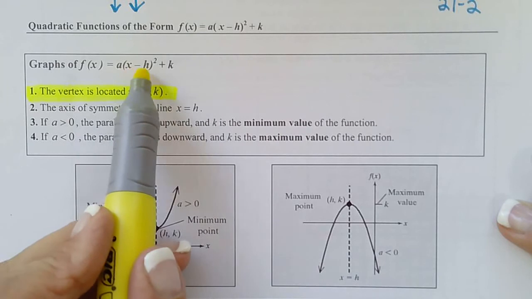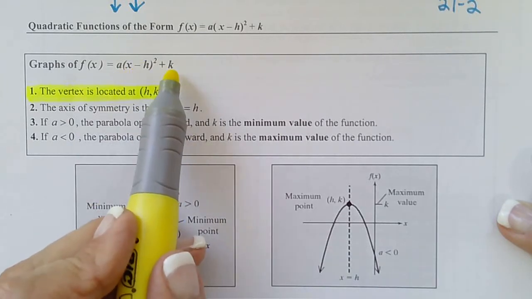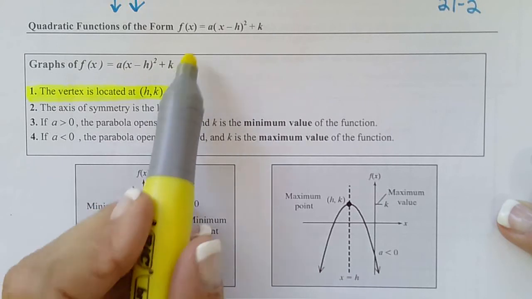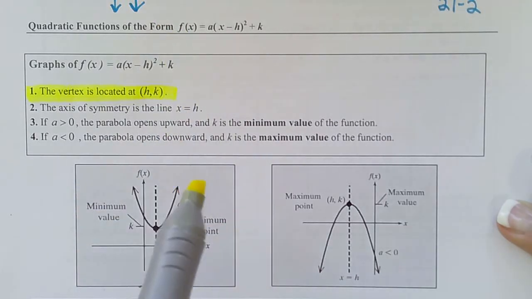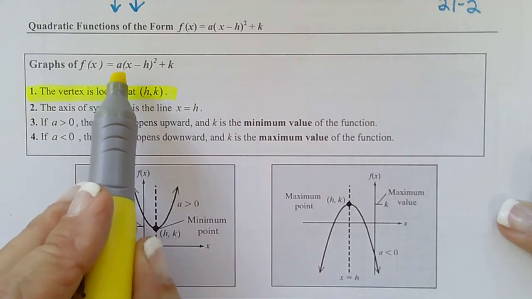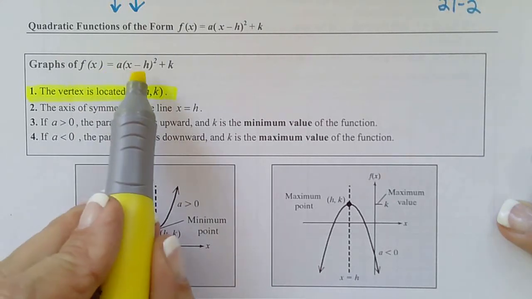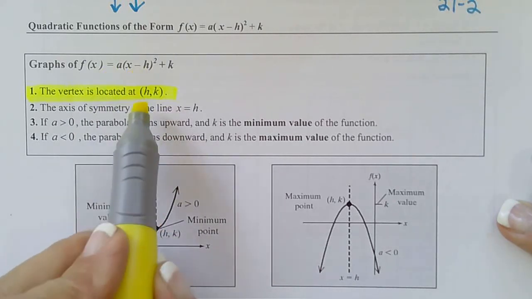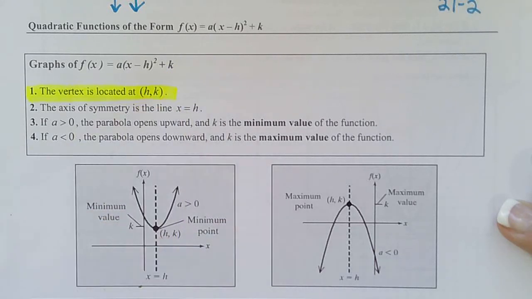So when it's with the x, it's left and right movement, but do the opposite. When it's outside, that's up or down. If k is positive, it's shifted up. If k is negative, it's shifted down. And then, of course, A is the vertical stretch or vertical shrink that will occur.